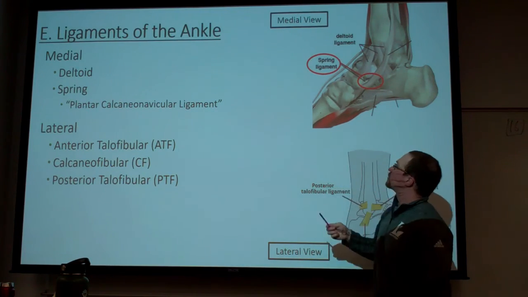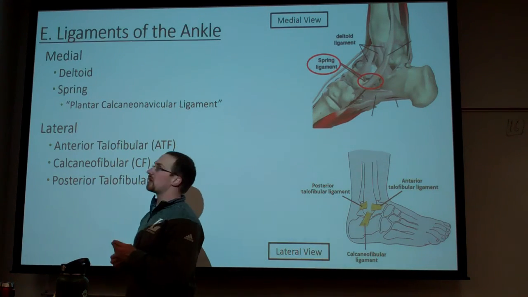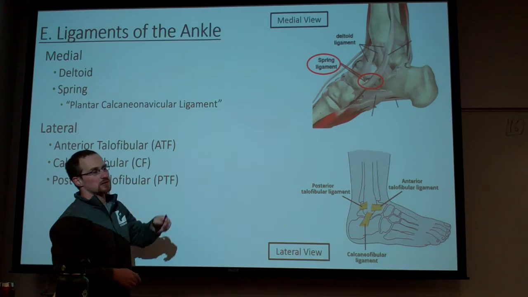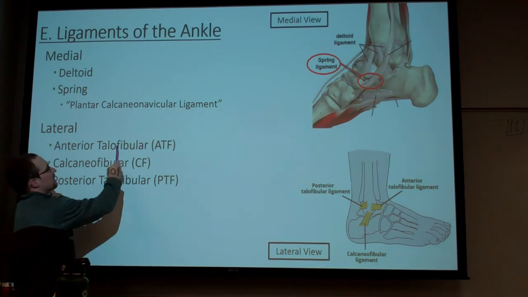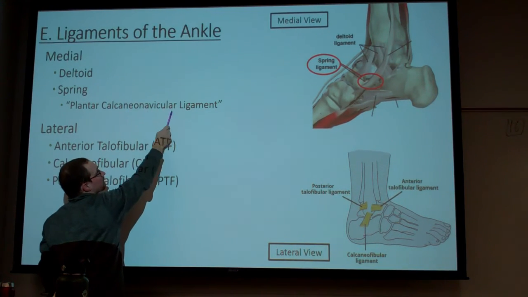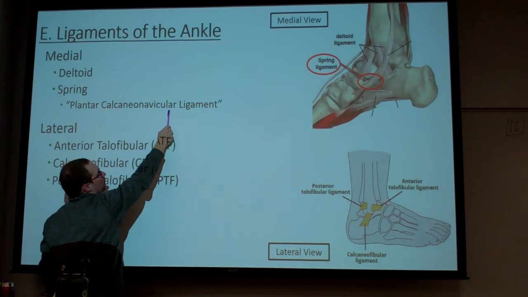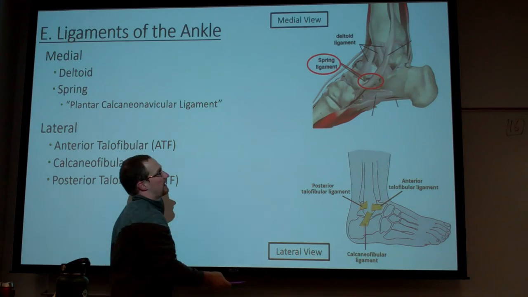We also have what's called the spring ligament. The spring ligament, more specifically, is called the plantar calcaneonavicular ligament. The name should give it away. Calcaneo meaning calcaneus, navicular, the navicular bone. So between the calcaneus and the navicular bone, that's where this ligament lies.